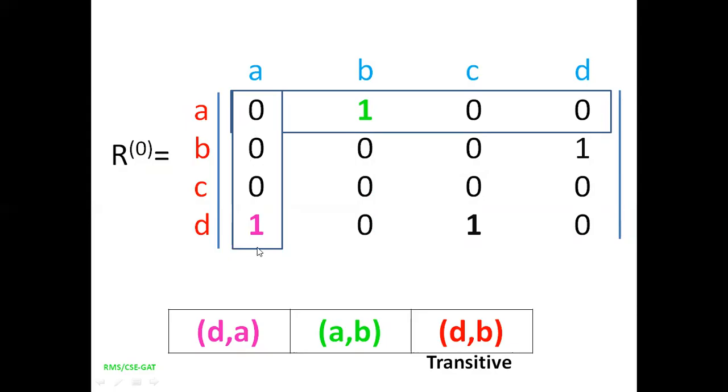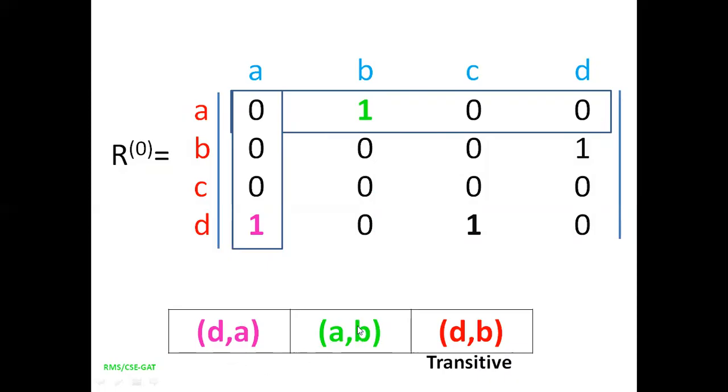In this column, the position of 1 is D,A, that I have indicated here. Then go to the first row. In the first row, find the position of 1. It is given here in green color. The position of 1 here is A,D. So that I will write in the second box as the position of 1 in a row.